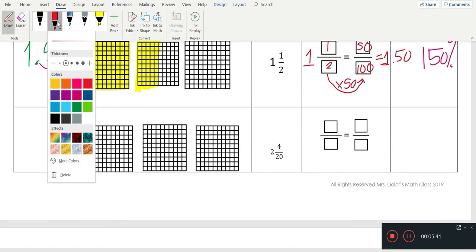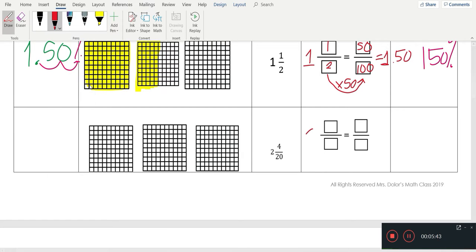So we have 2 and 4 over 20. Again, we have here 100. How many 20s in 100? Awesome job. That's 5, so times 5 here, and also times 5 here.